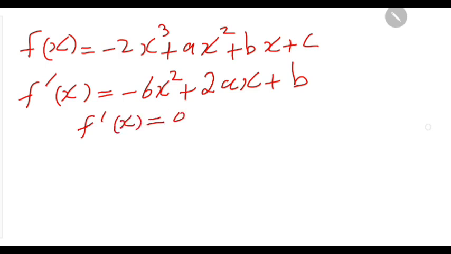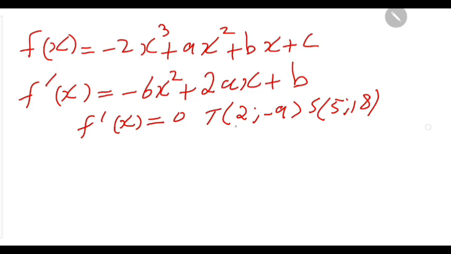So the two turning points are given, T we got (2, -9), and S we have (5, 18). Now I'm going to substitute the x coordinates of the turning points into the derivative equation to create a system of equations.